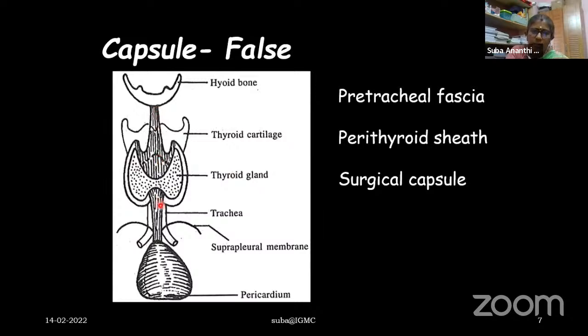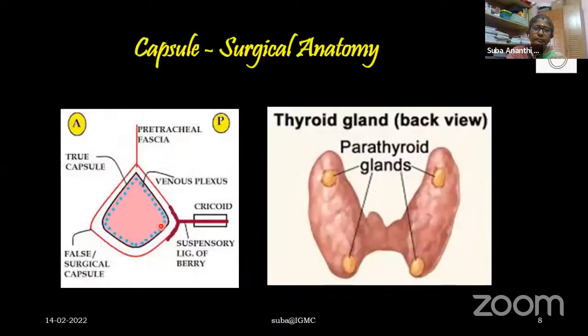When you trace it downwards, it enters into the thorax and fuses with the fibrous pericardium. So this is the vertical extent of pre-tracheal fascia. This false capsule is also called the surgical capsule, and it is also called the perithyroid sheath.